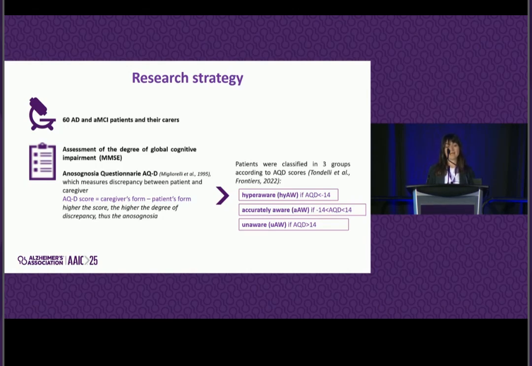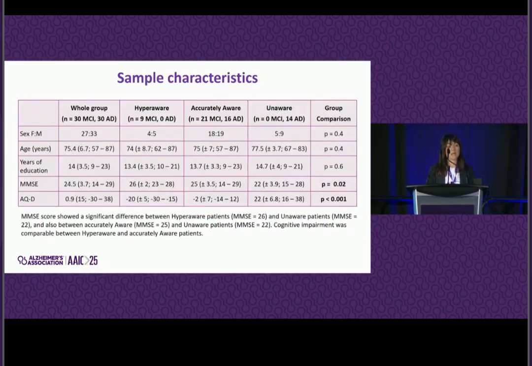We considered the patient hyper-aware if AQD was under minus 14. We considered unaware patients if AQD was over 14. And we considered patients accurately aware if AQD was between minus 14 and 14. Our patients did not differ between the groups for sex, age, and years of education.